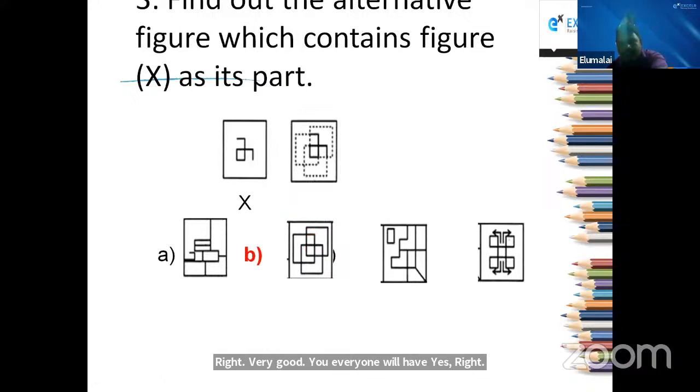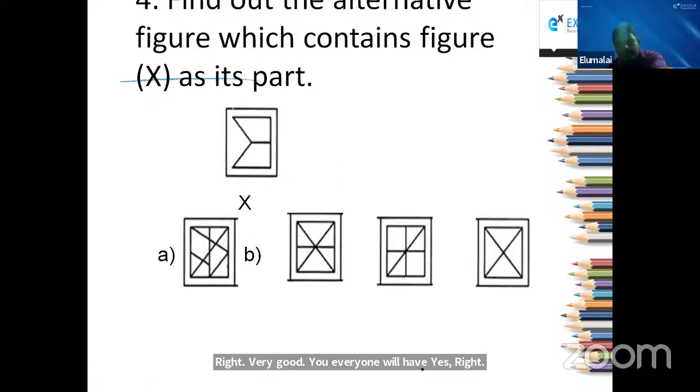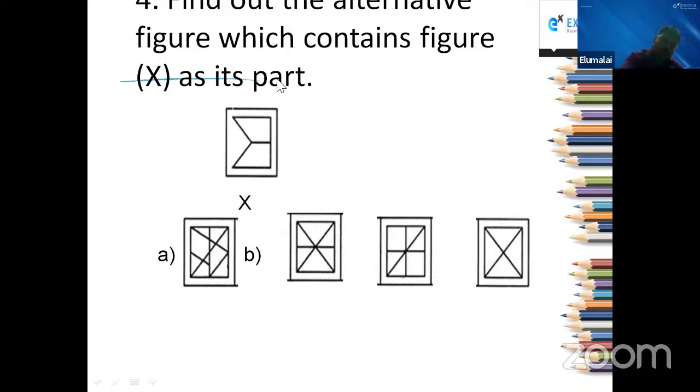Now I show you the next question. Very good.